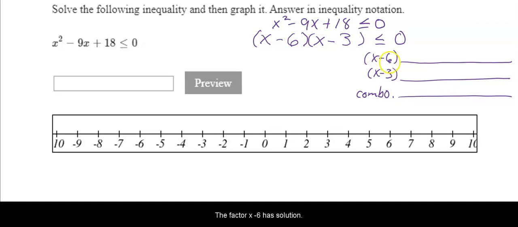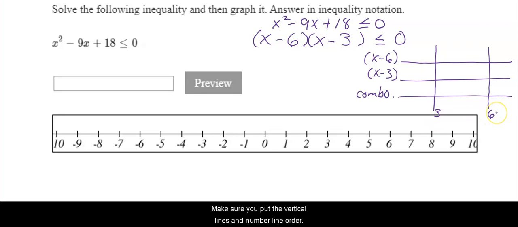The factor x minus 6 has solution 6. Draw a vertical line at 6. The factor x minus 3 has a solution at 3. Draw a vertical line at 3. Make sure you put the vertical lines in number line order.